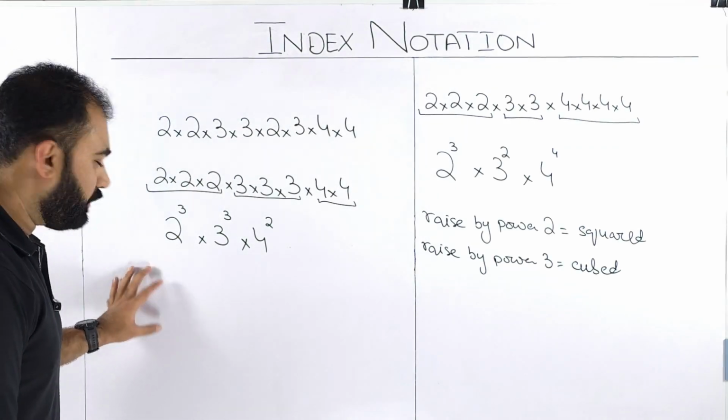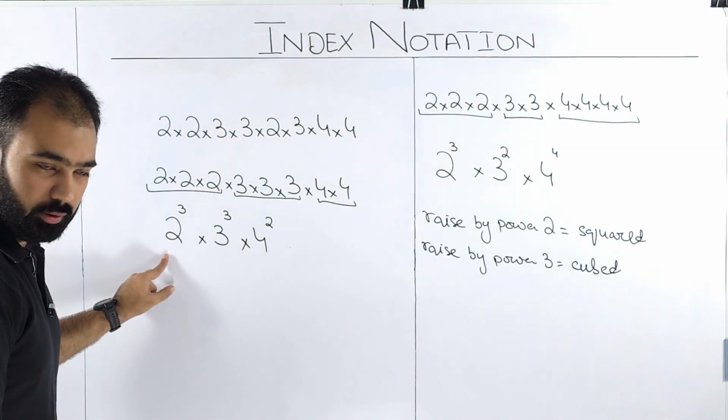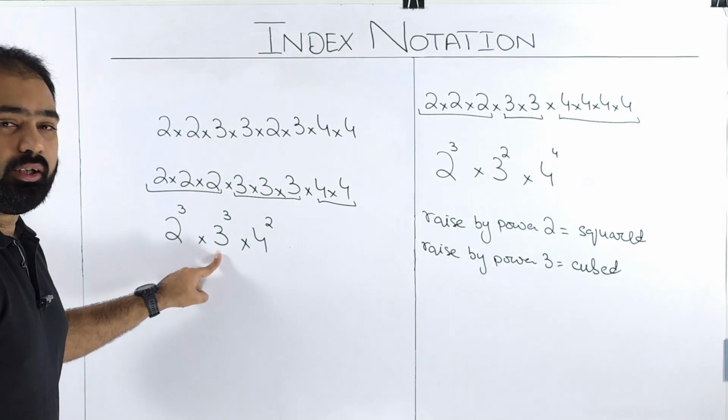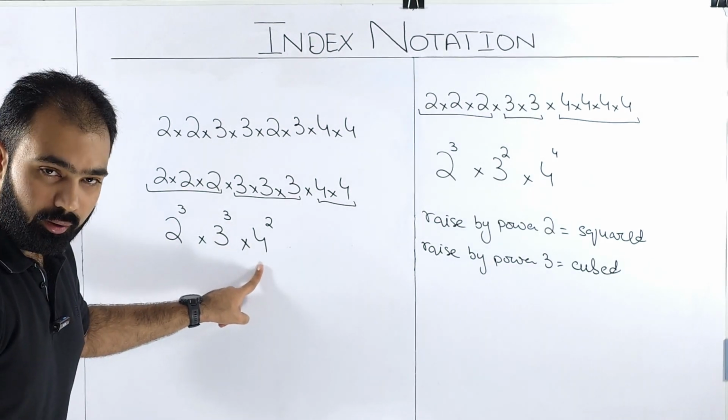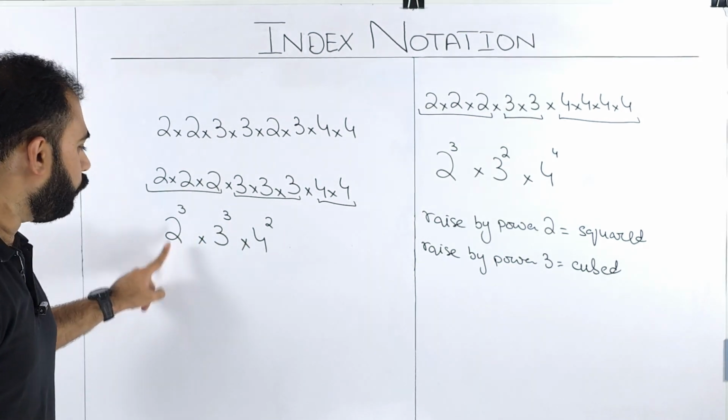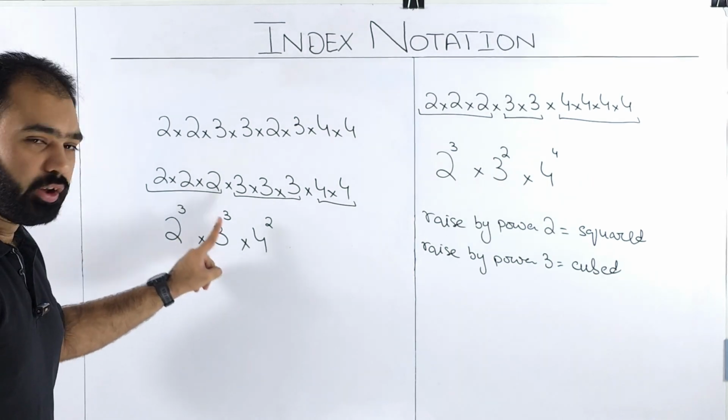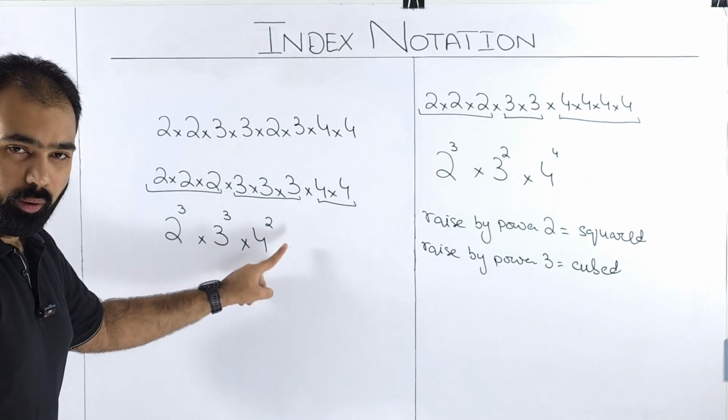Now how will I read it? 2 cube multiplied with 3 cube multiplied with 4 square. 2 cube, 3 cube, 4 square.